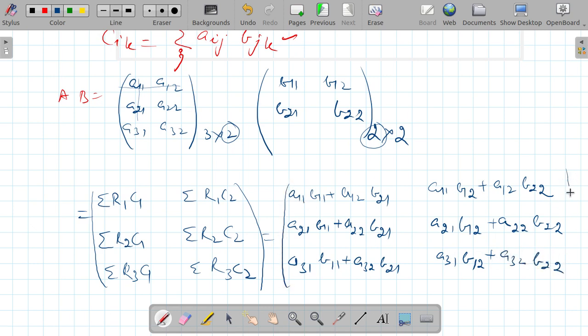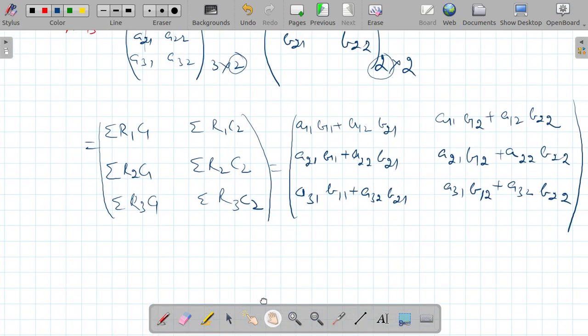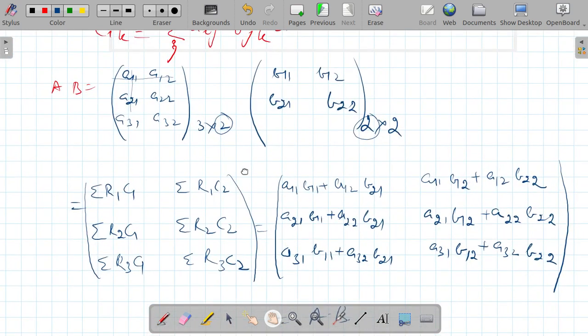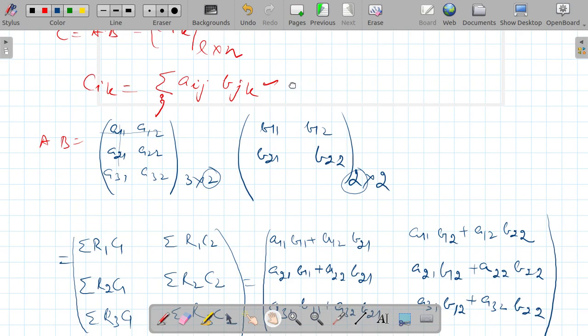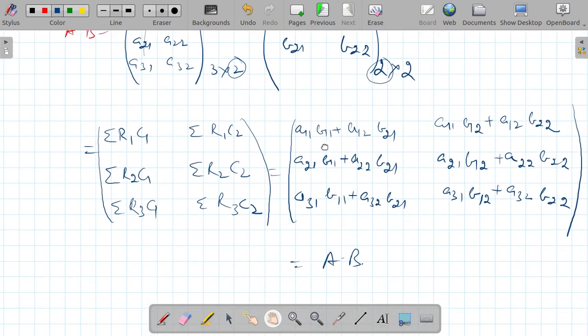So this is a way how we can calculate the product of A and B. This is the summation form to define the product, and this is the expanded form of how the product can be evaluated.